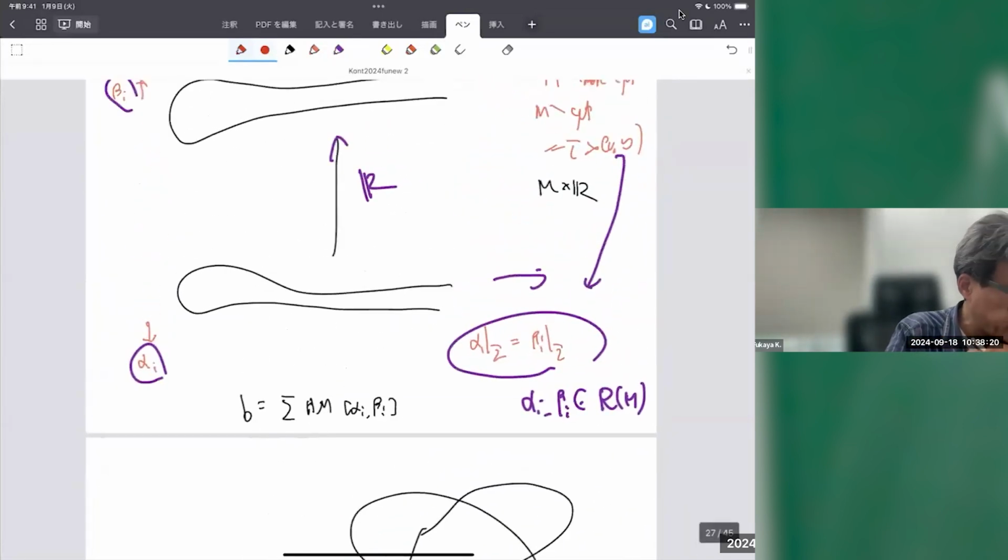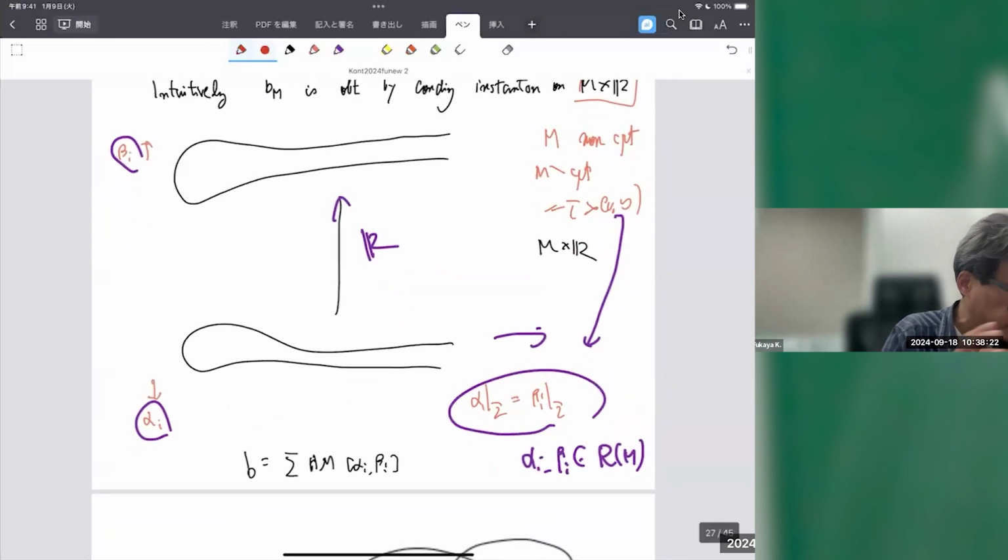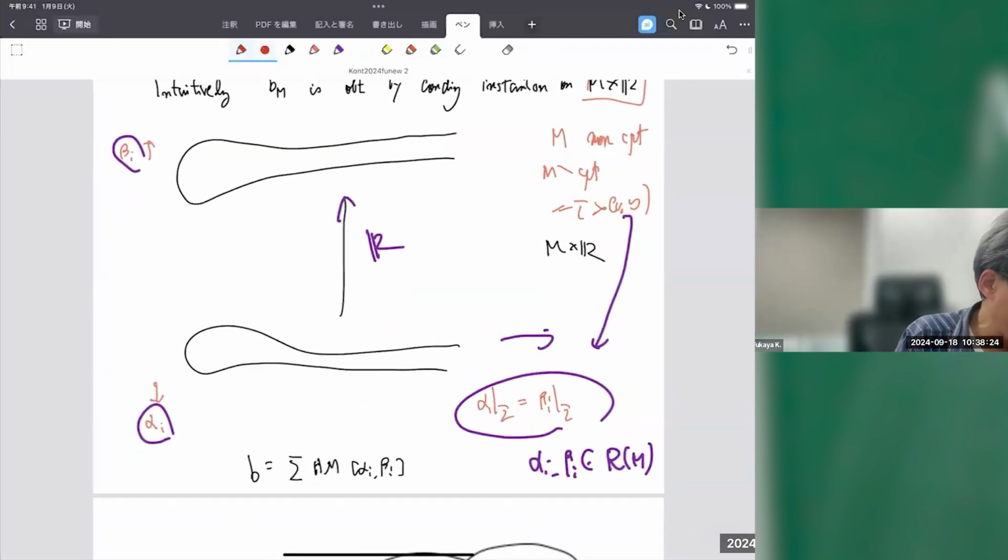I can believe that such a bounding cochain can be obtained by counting some instantons on this rather difficult manifold to analyze, a non-compact 3-manifold cross R. We assume that at negative infinity it converges to alpha_R, at positive infinity it converges to beta_R, and on this other end it converges to this flat connection on sigma.